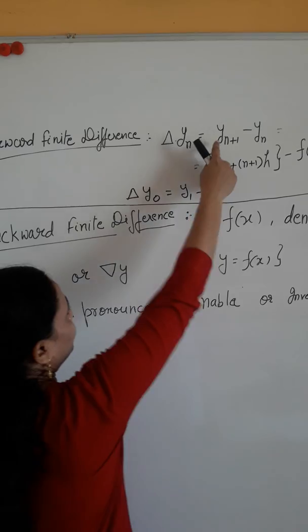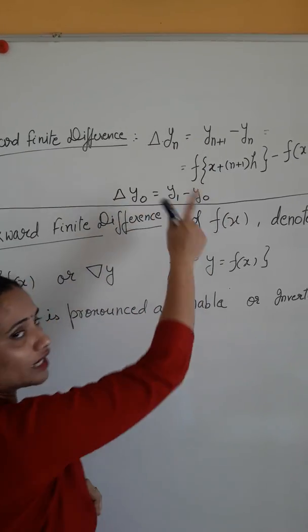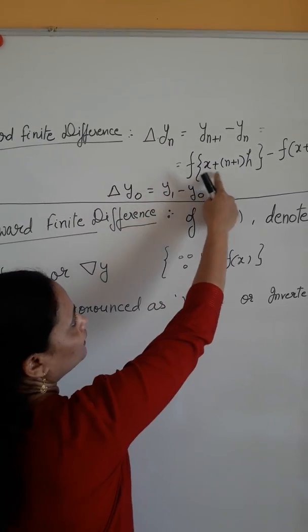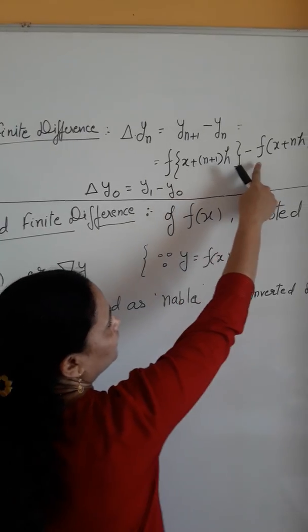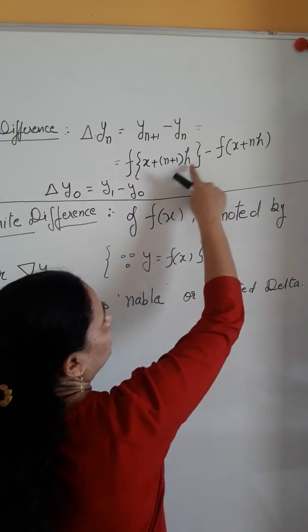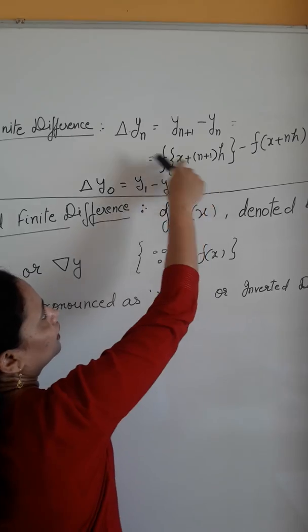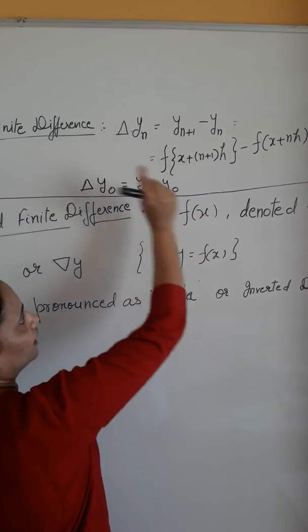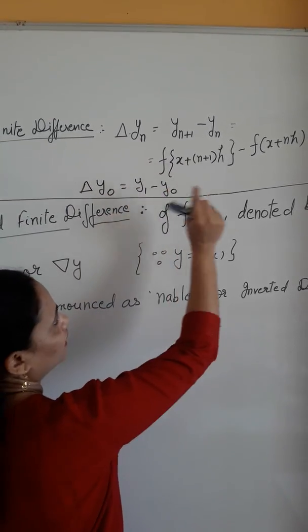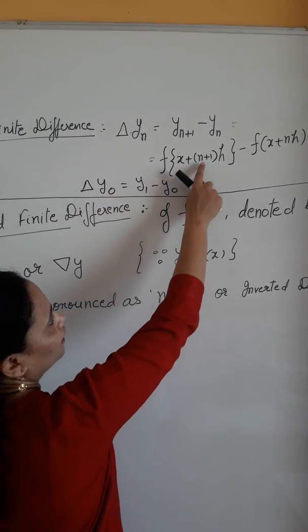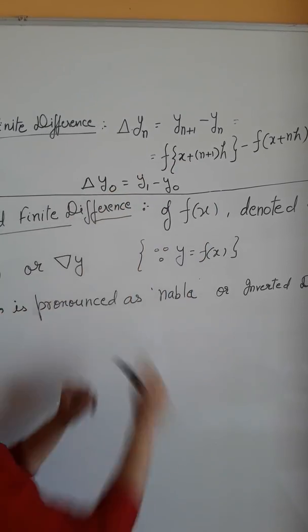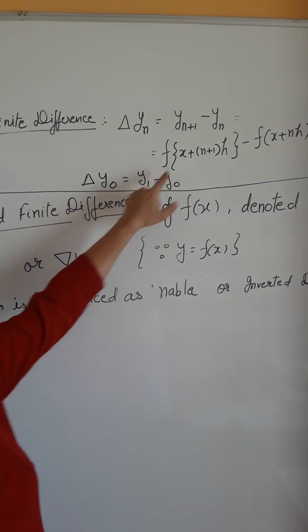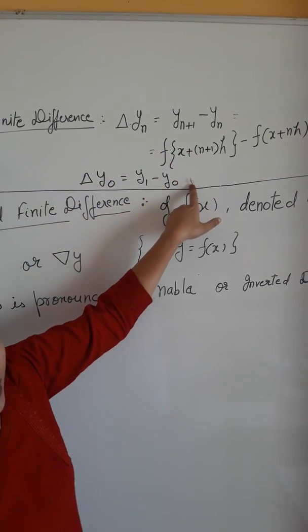If I express that in terms of function, as we know y is a function of x, it is f(x plus (n plus 1)h) minus f(x plus nh), which is again the same value for delta yn. If we take n equal to 0, then delta y0 is equal to y1 minus y0.